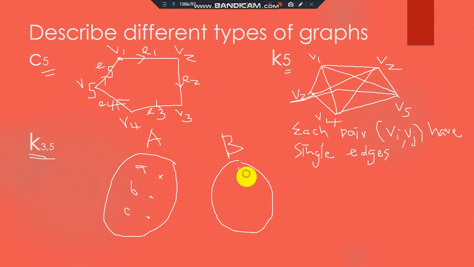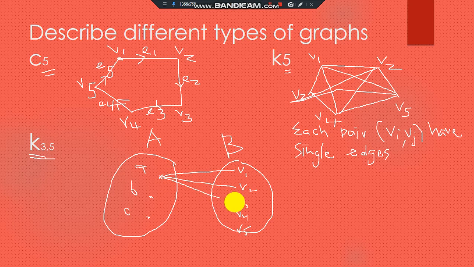V1, V2, V3, V4, V5. Okay, suppose this is a complete graph. What we have to do is that this vertex we have to join here, this vertex here.